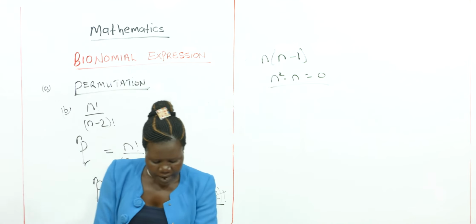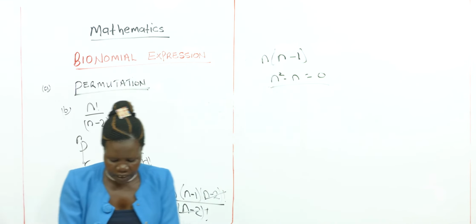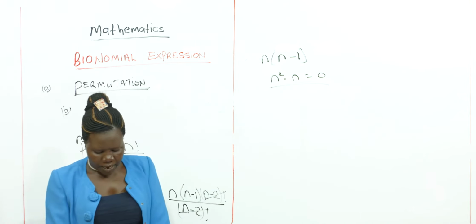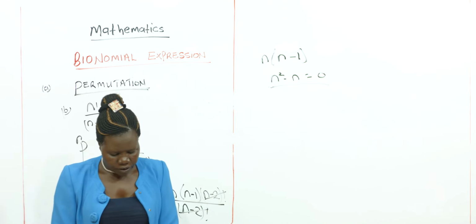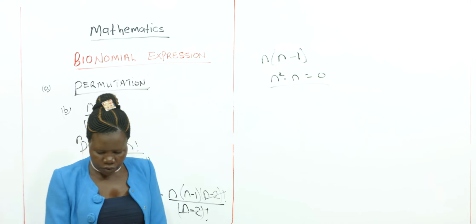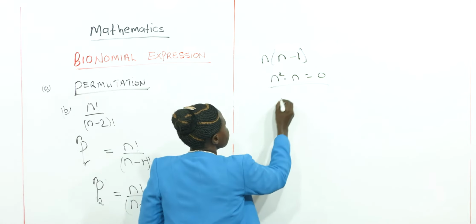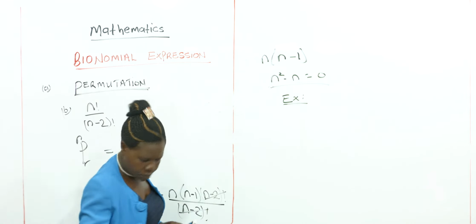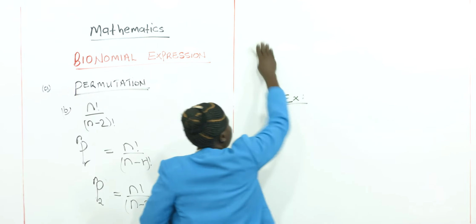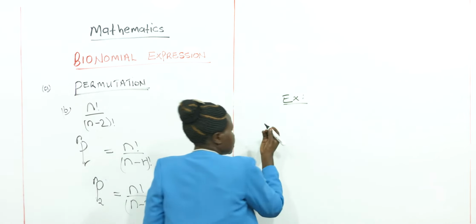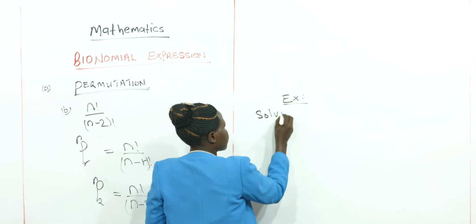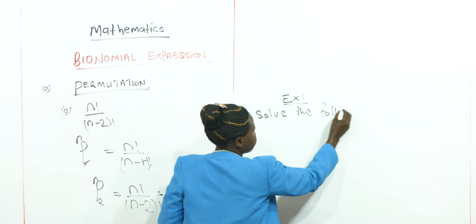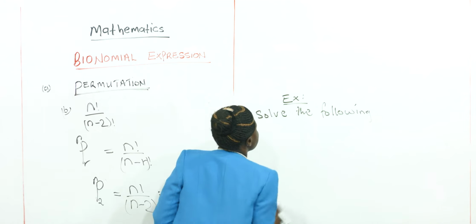So dear learners, with solving unknowns in permutation, I just wanted you to get that clue so that it doesn't take you by surprise. And I want you to have these questions as your exercise. You try them in your free time. They say solve the following.